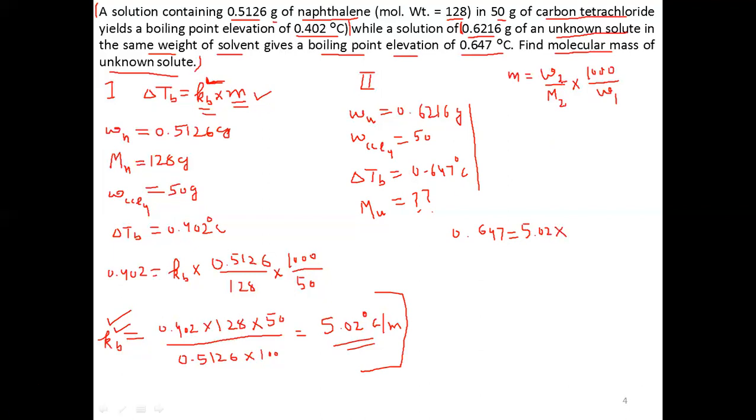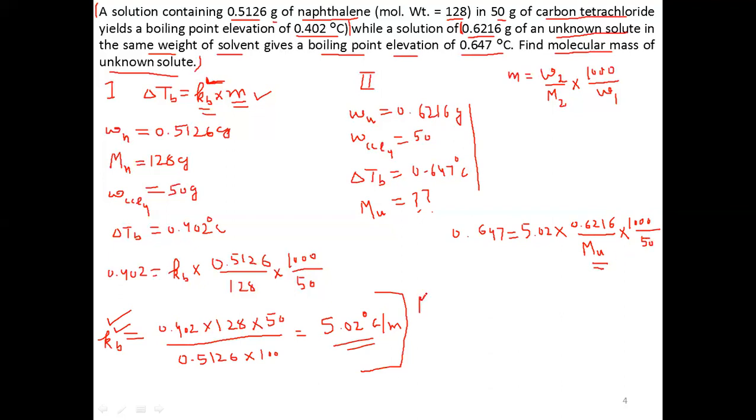What is molality? W2, W2 means weight of solute. It is 0.6216, molecular weight we don't know, we have to calculate it, so I will keep it as Mu. What else? 1000 divided by 50, the rest is the same, so we have to calculate Mu.